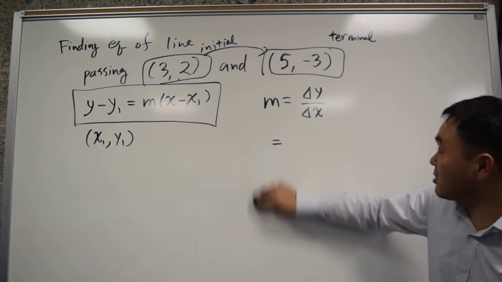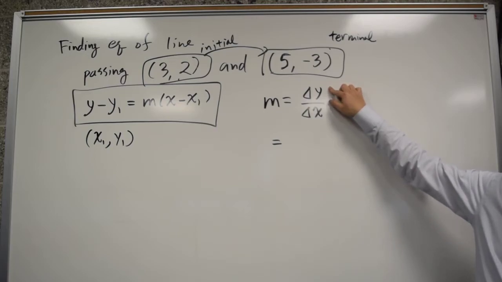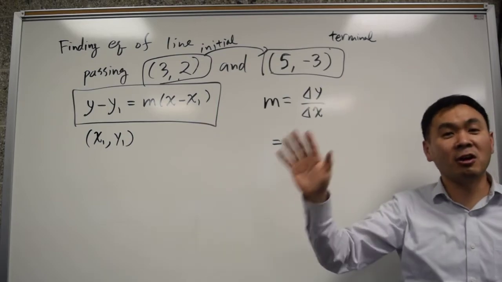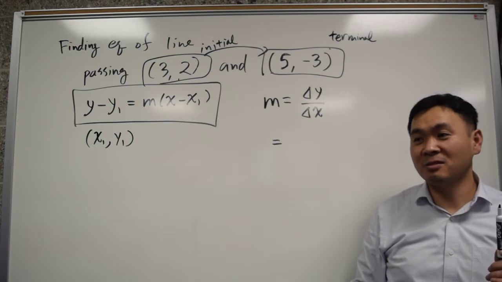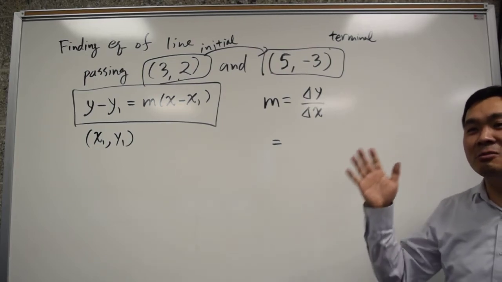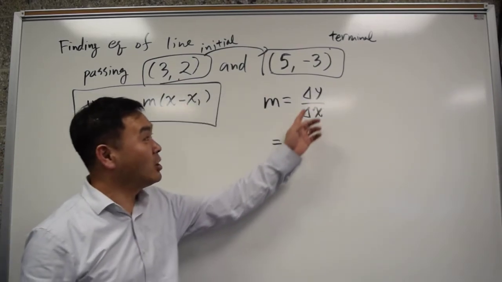In other words, when you calculate change of any quantity, you have to do terminal minus initial. Repeat after me: terminal minus initial. Not initial minus terminal. You have to do terminal minus initial to correctly figure out change of any quantity.